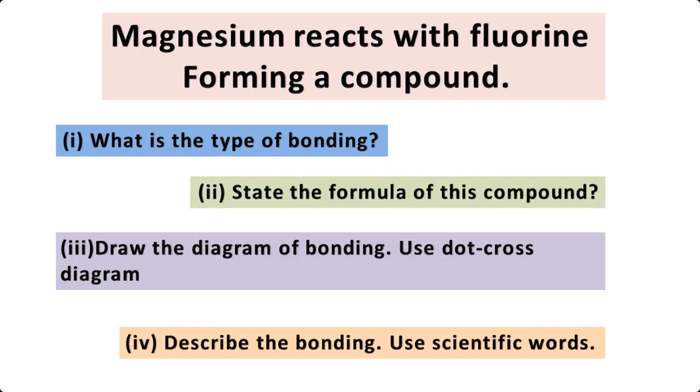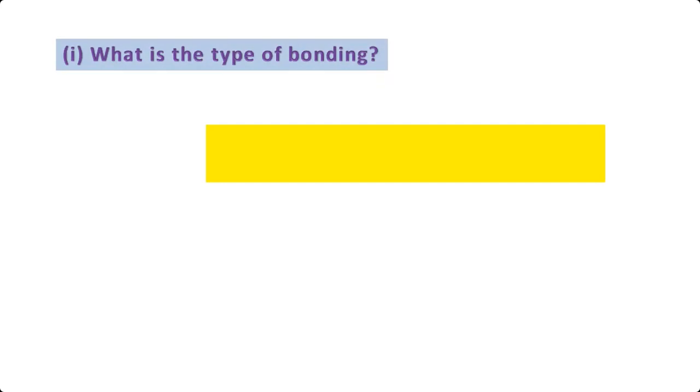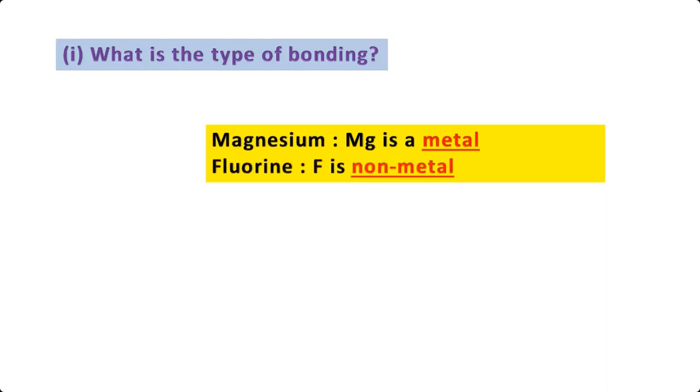bonding in scientific words. And now, what is the type of bonding? As we know, magnesium is a metal because it has 2 electrons in its outer shell, alright, and fluorine is non-metal. How to determine whether the atom is a metal or non-metal? We have to know that the location of the element in the periodic table determines this.